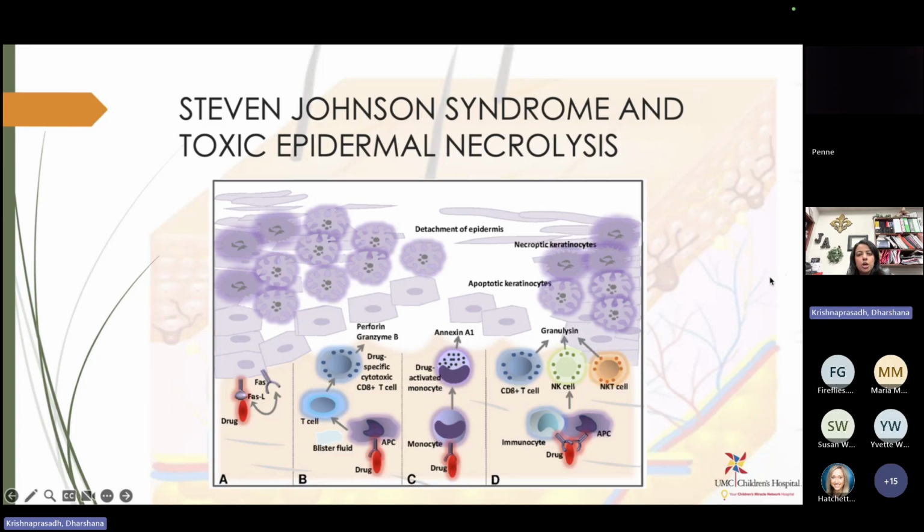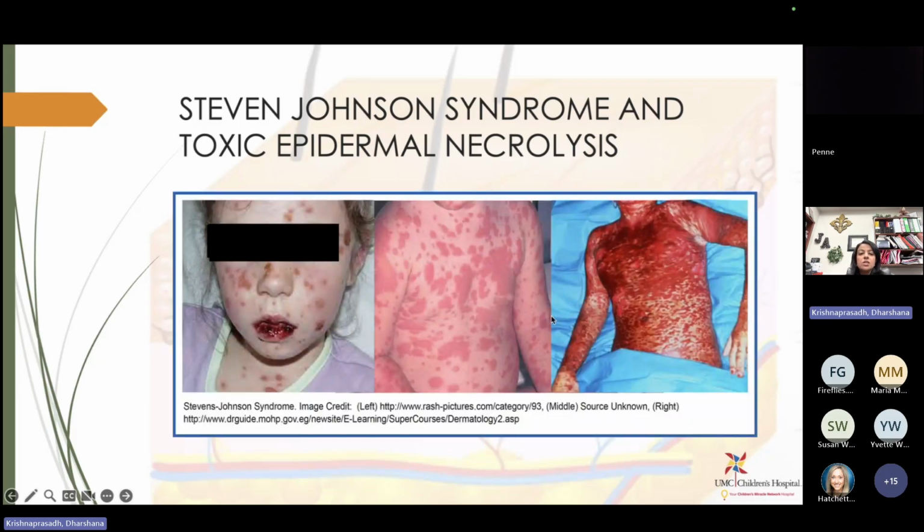Again, here is more pathophysiology of what is truly happening at a molecular level, where you are seeing the drug and the cytokines releasing, different drug-activated monocytes, and that causes more reaction and symptoms. These are more pictures of what this can look like.